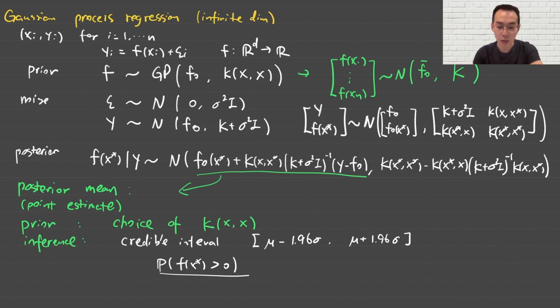But now, because we have everything in the probability framework, we have a posterior mean for the curve that we fit, and from there we can perform statistical inference. So that is a much more powerful model than kernel ridge regression for practical purposes.